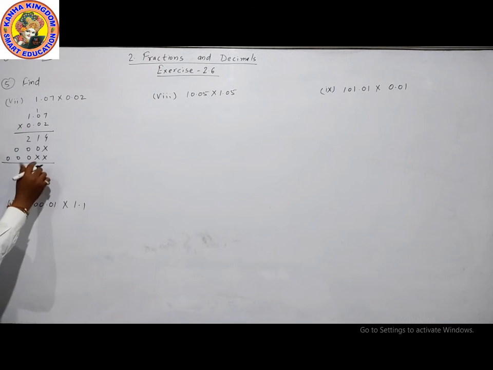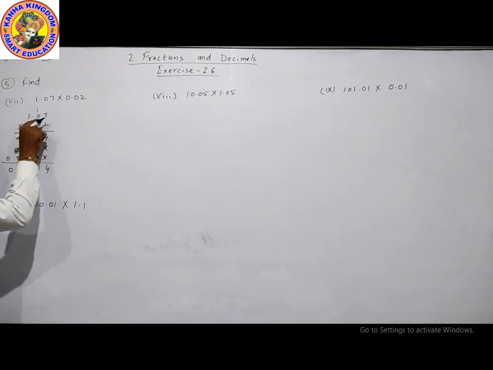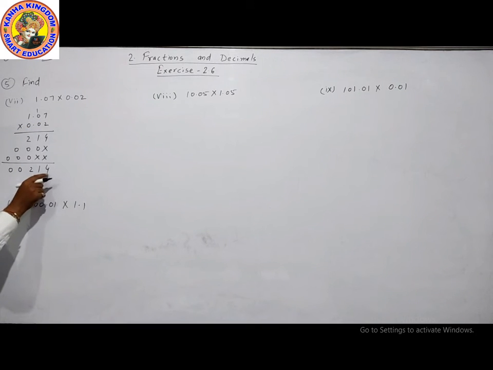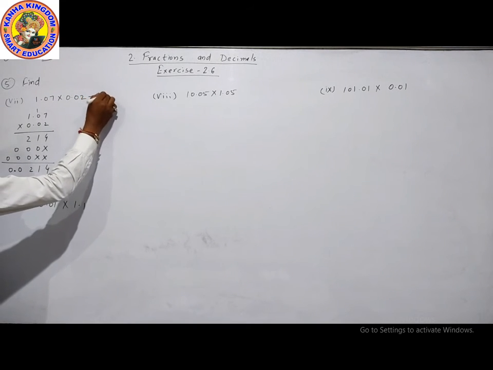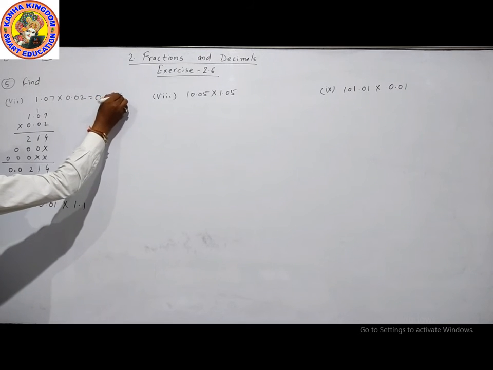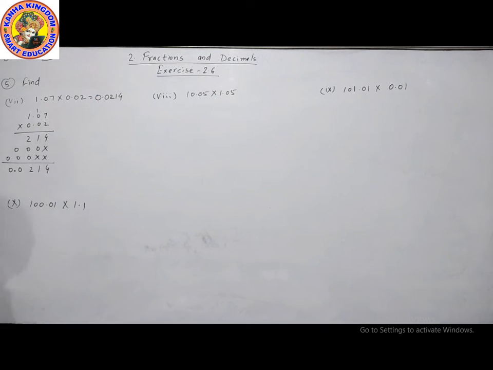Now adding these: 4, 1, 2, 0, 0. Now counting of decimal points: 1, 2, 3, 4, after 4 digits, 0 will come. The answer is 0.0214. This is our answer.